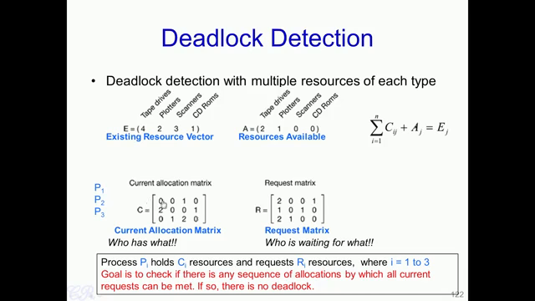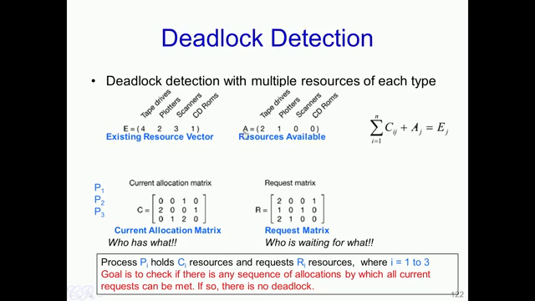Row 1 is with respect to process P1. This means that process P1 does not have any tape drives, does not have any plotters, is allocated 1 scanner and no CD-ROMs. Similarly, process P2 is allocated 2 tape drives and 1 CD-ROM, and process P3 is allocated 1 plotter and 2 scanners.